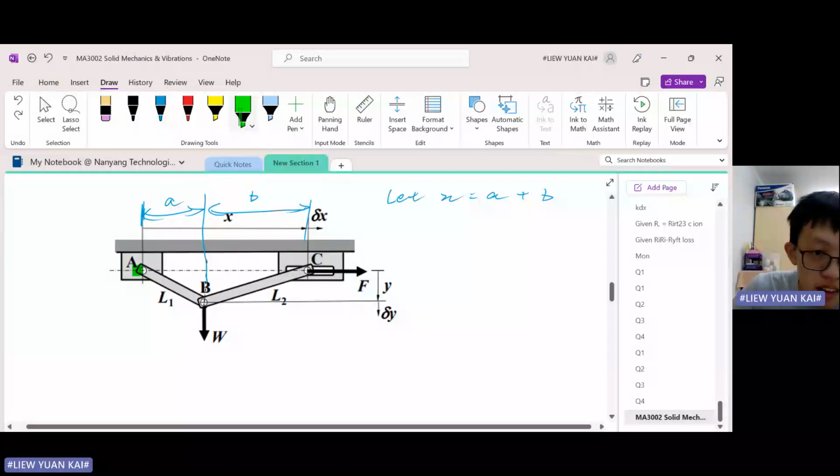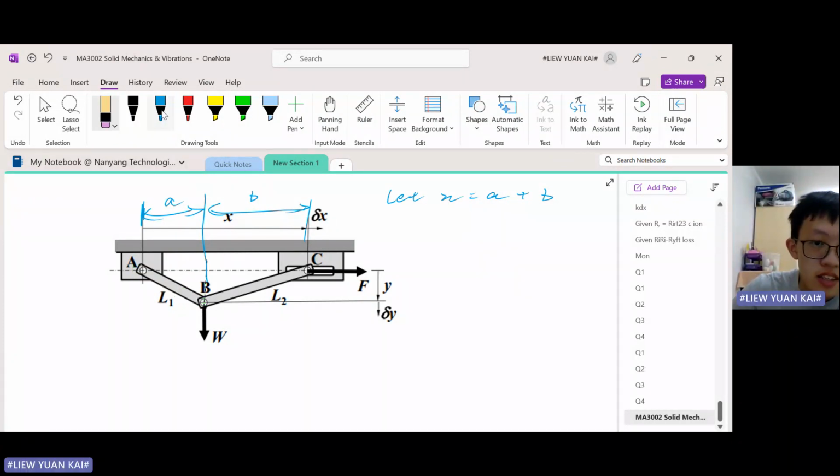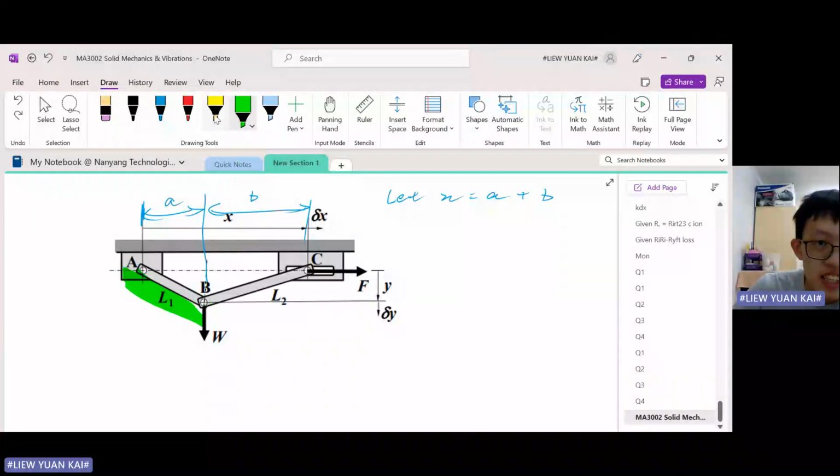So how do I find A and B? Focus on this triangle. Notice it's a right angle triangle, right? So in a right angle triangle, we can use the Pythagoras theorem. We know this side, which is L1, and we know this side. What is this side that is highlighted yellow here? This side is actually Y, right? So we know that this is Y. Since we know all three sides of the triangle, we can use the Pythagoras theorem.